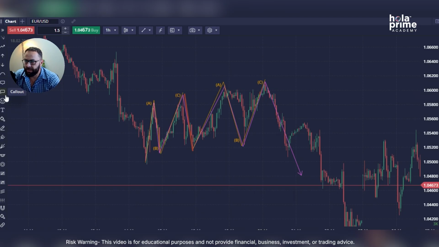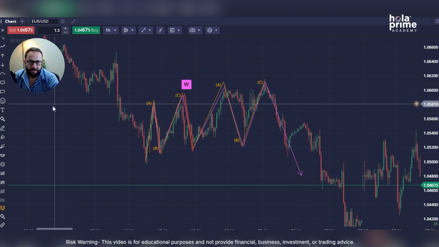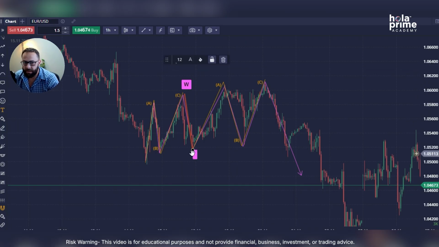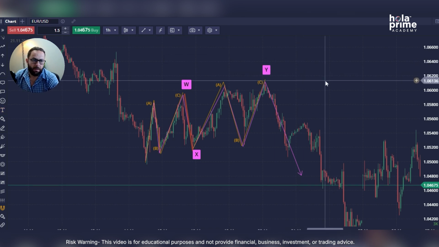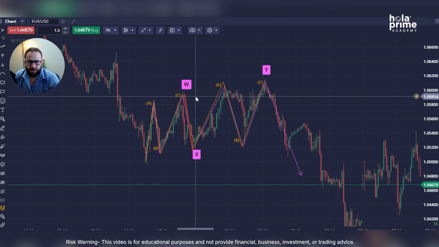And the entire thing would then be labeled, if you wanted to do so, rather than calling it a double zigzag, a WXY pattern. All right, so that is what a double zigzag looks like.